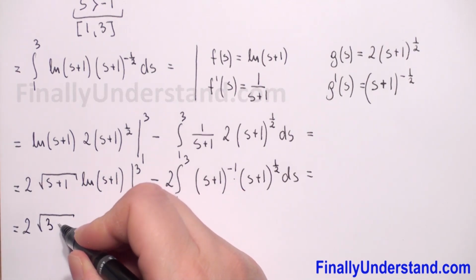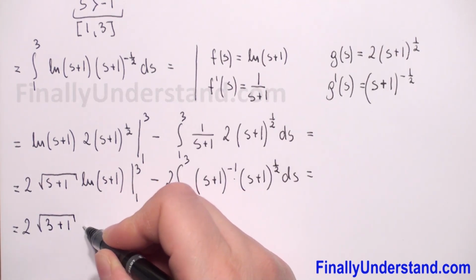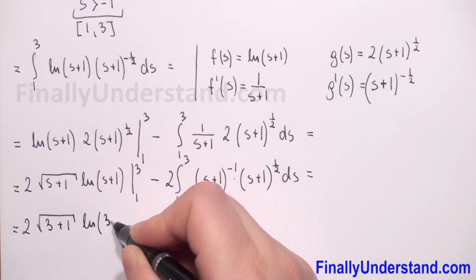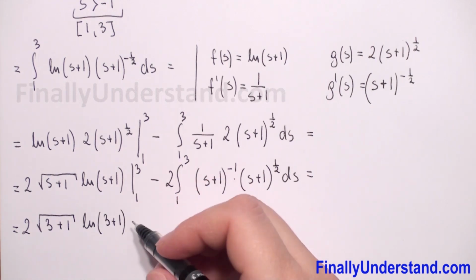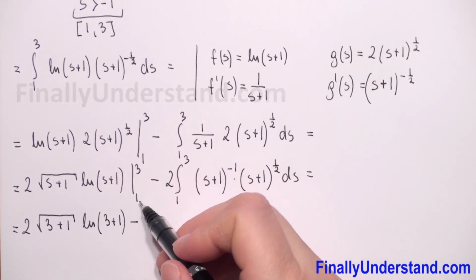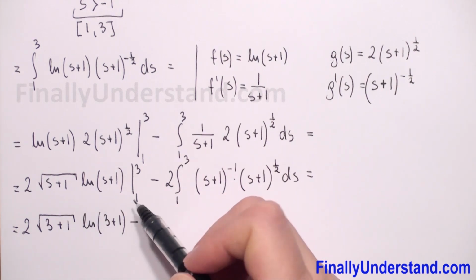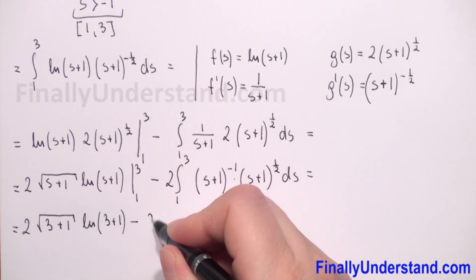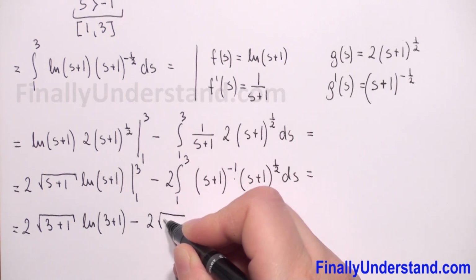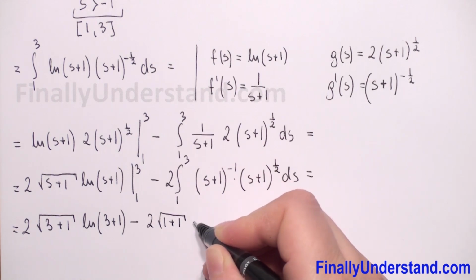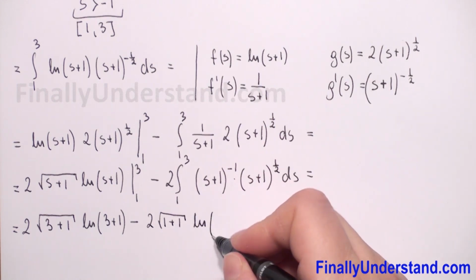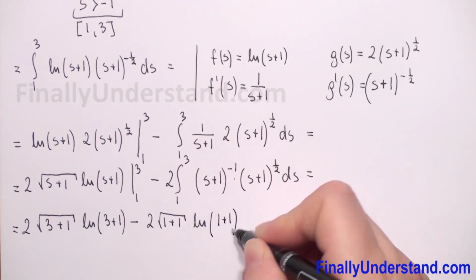So we have 2 times square root of 3 plus 1 times natural logarithm of 3 plus 1 minus, and now we have to plug lower limit, so we have to replace s by 1 now. So we have 2 times square root of 1 plus 1 times natural logarithm of 1 plus 1.